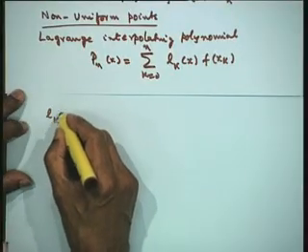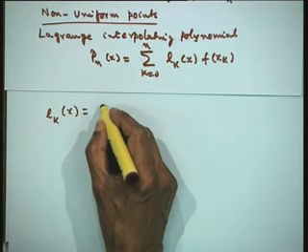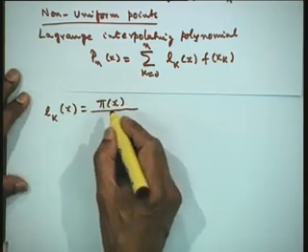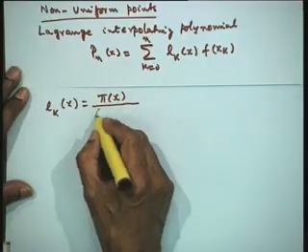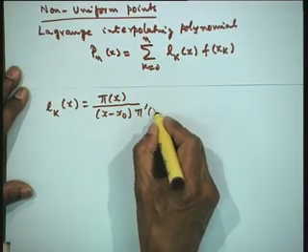Let us write down what L_k(x) is. I shall now use a slightly different notation than earlier, and I will tell you the reason. I will denote the w(x) that we were using earlier by pi(x). So, L_k(x) is pi(x) divided by (x minus x_k) pi dash of x_k.